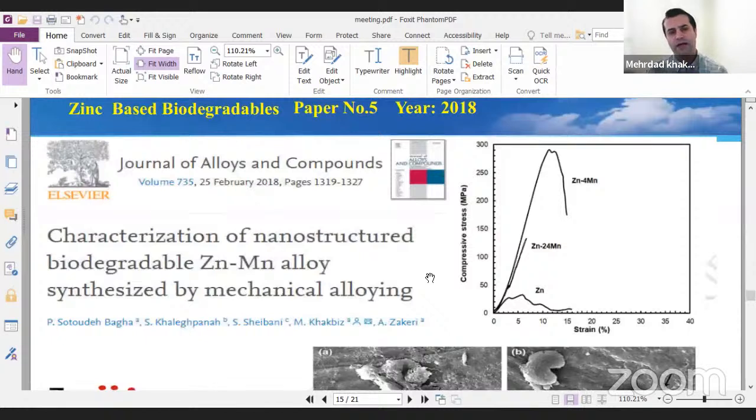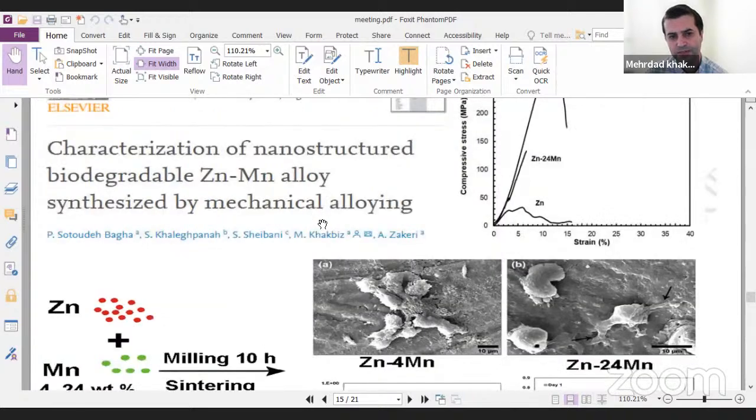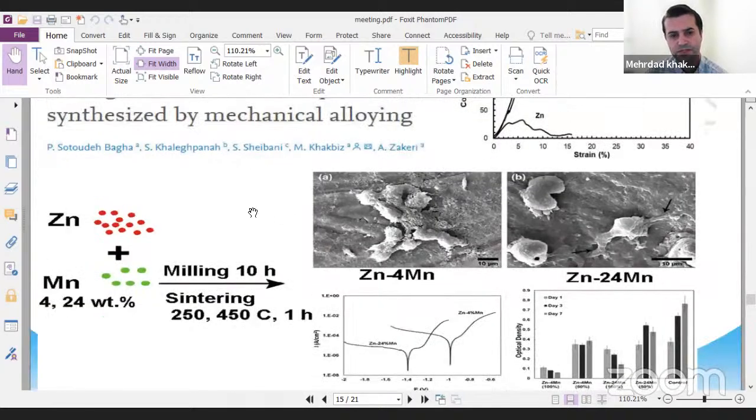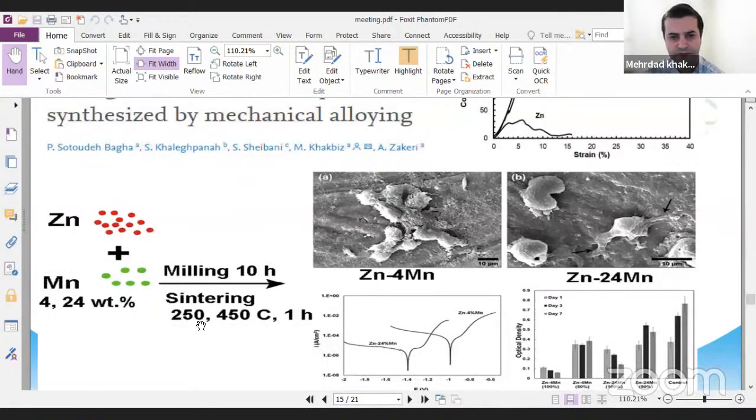Another alloy that we focused on synthesizing as a nanostructure biodegradable alloy was zinc Mn alloys. For this purpose, we used zinc and Mn with 4 and 24%, and then again used high energy ball milling for producing the nanostructure alloys.